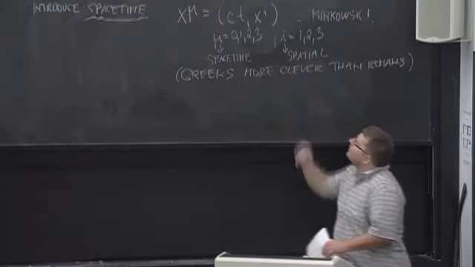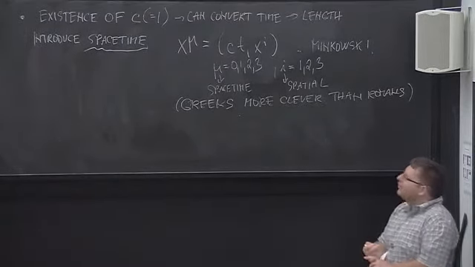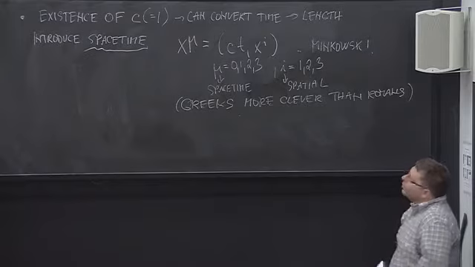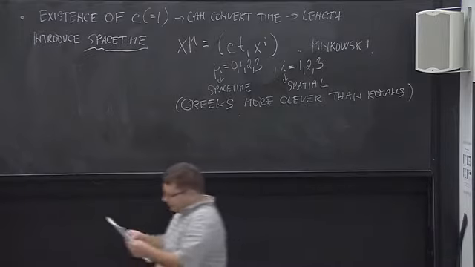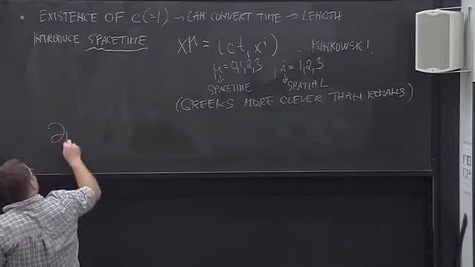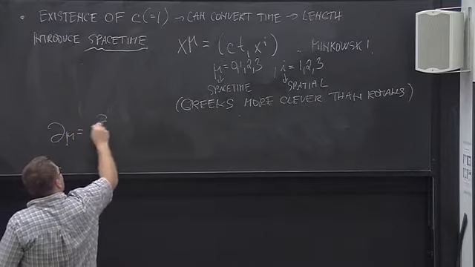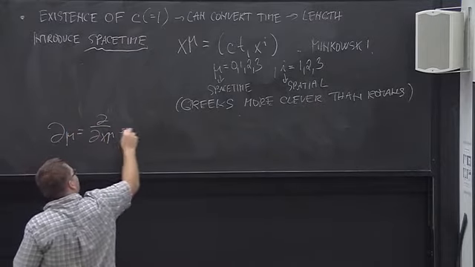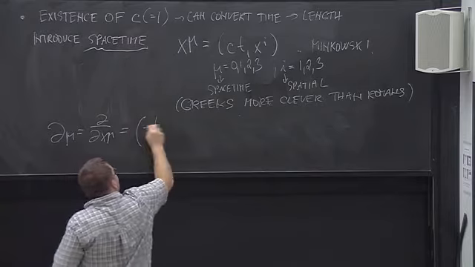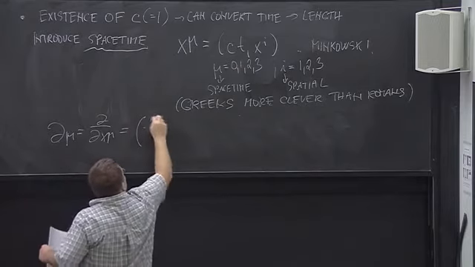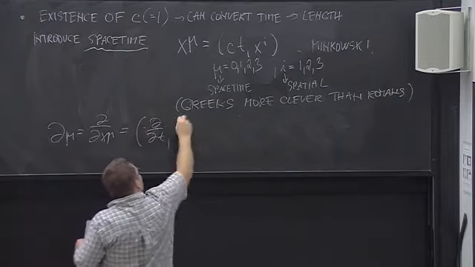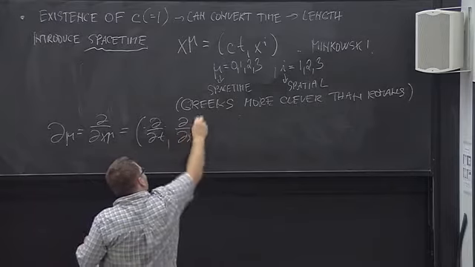So we have the spacetime coordinates. Of course, we can now do the same thing with the derivatives. So I'll be introducing the notation d mu, which is d over dx mu. But now this is 1 over, this d over dt and d over dxi.